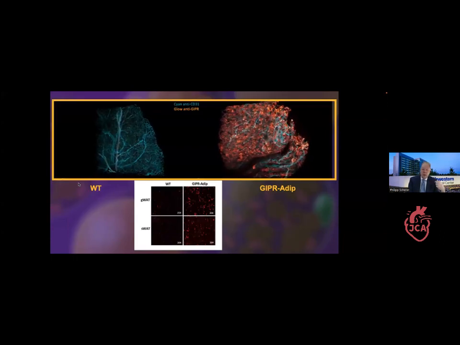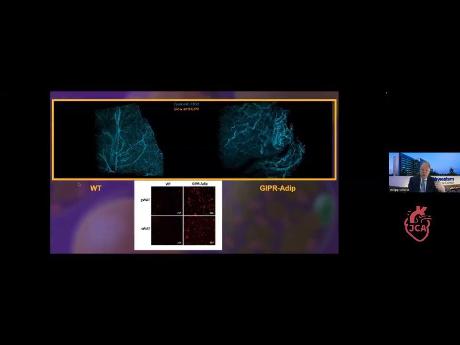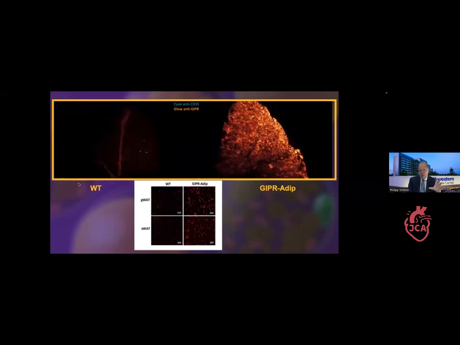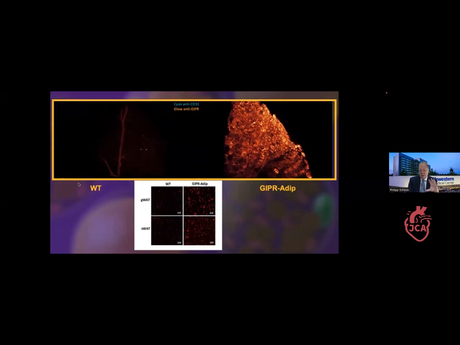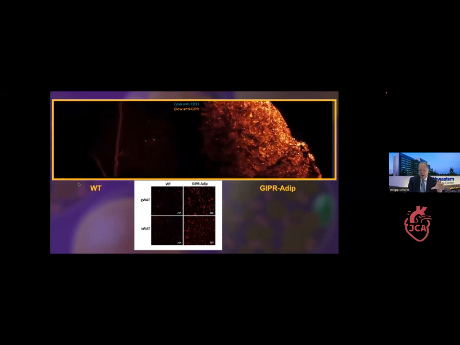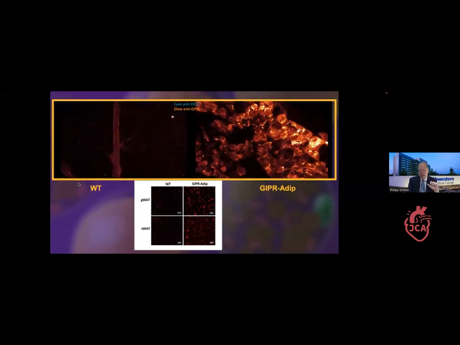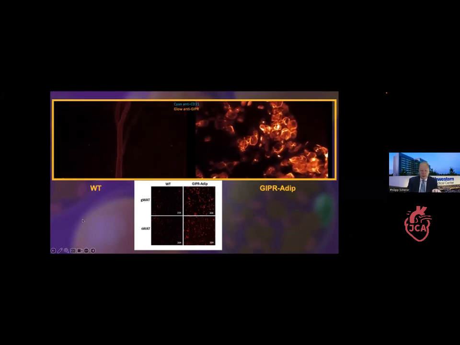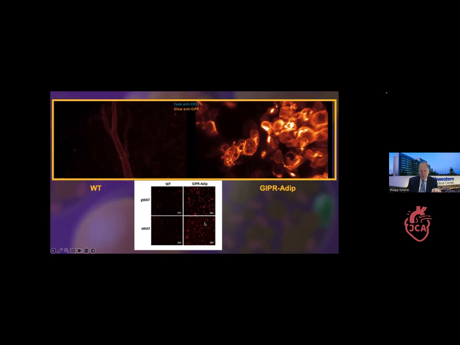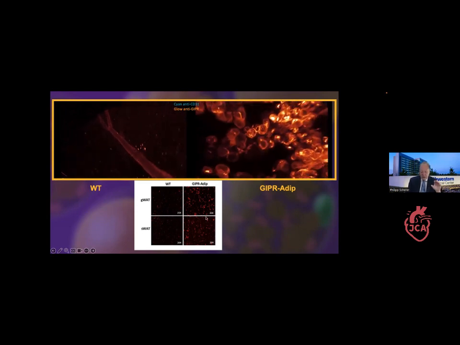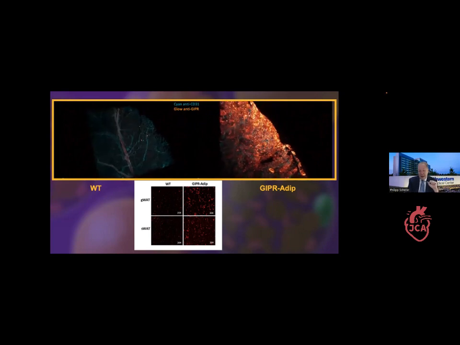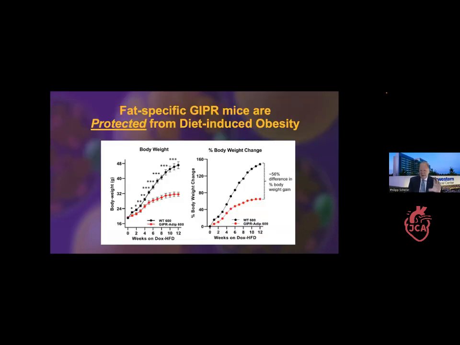And you can see here when you go in different dimensions and label a fat pad with the GIP receptor, we see how the GIP receptor is expressed in these adipocytes. And we can see at the bottom here that this is expressed in a number of different fat pads, the gonadal fat pad, the subcutaneous fat pad. So as such, we can basically equip the fat cell with enhanced expression of this receptor.